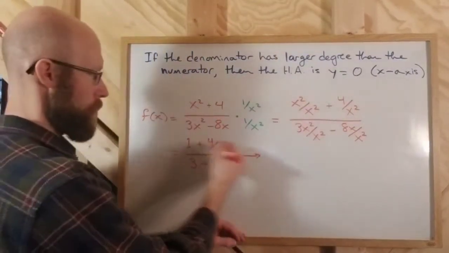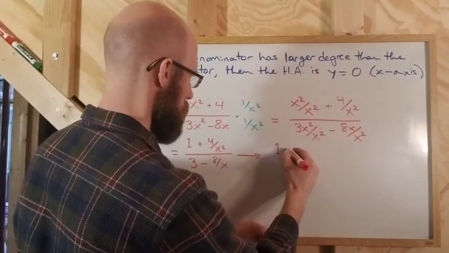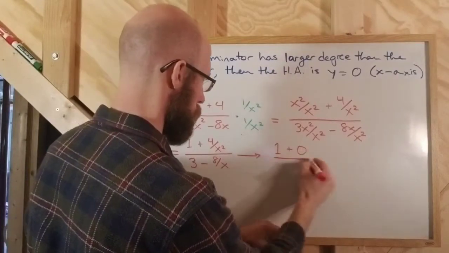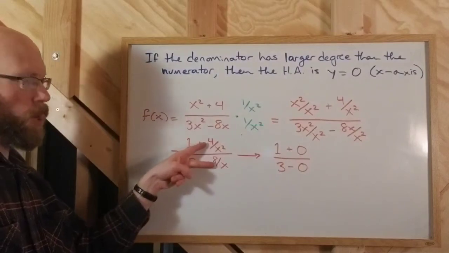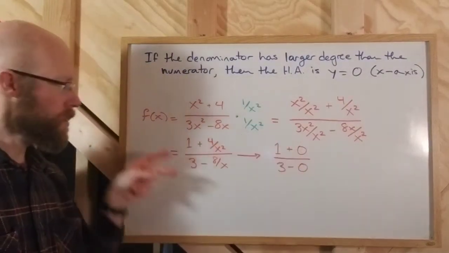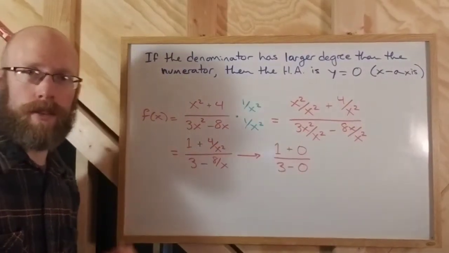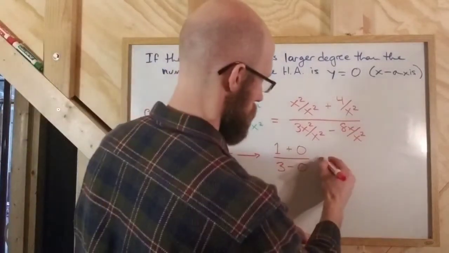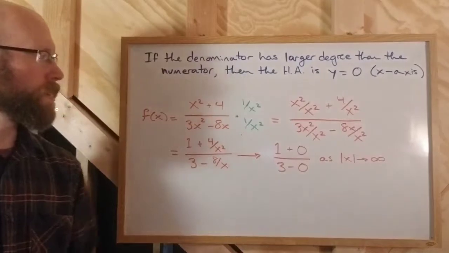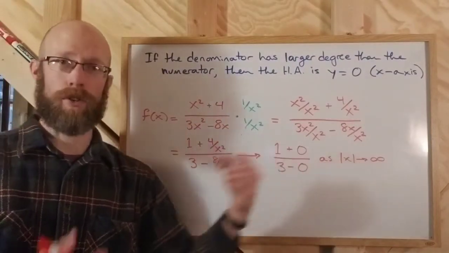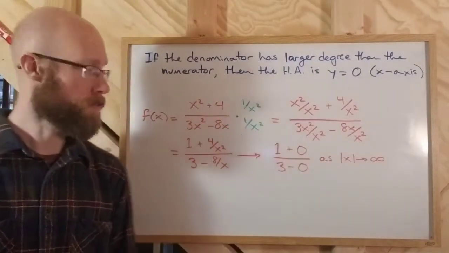So this thing will approach 1 plus 0 over 3 minus 0. Notice everything drops out, everything becomes a 0, except for these constants. Those stay the same as x approaches infinity. And of course, this occurs on both the positive and negative sides.